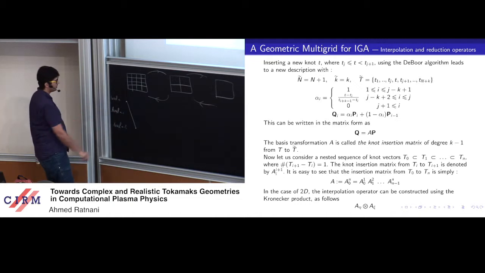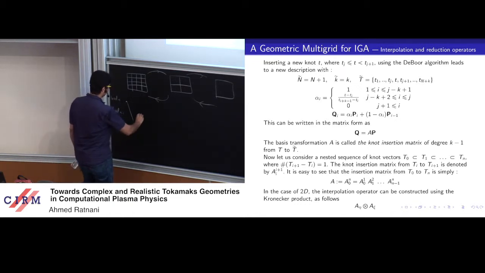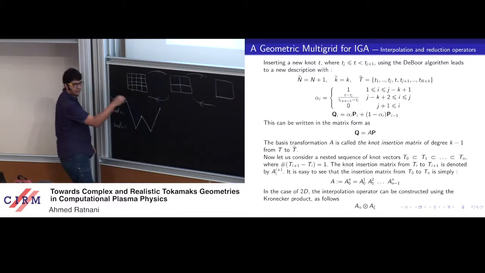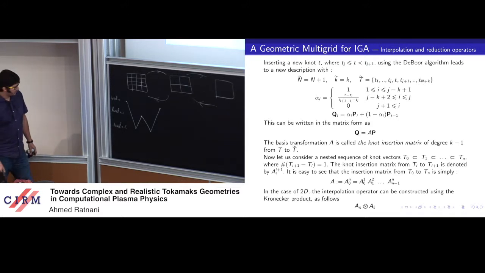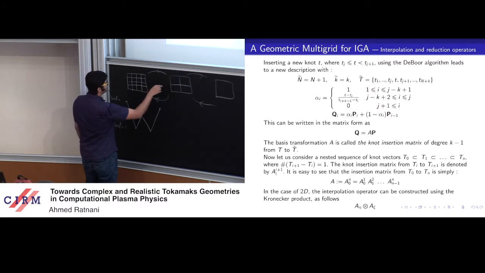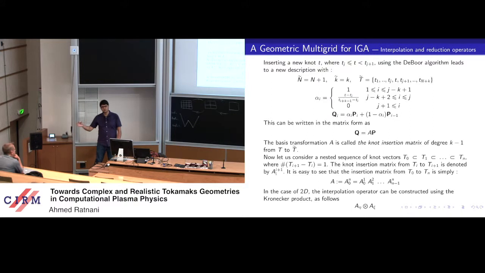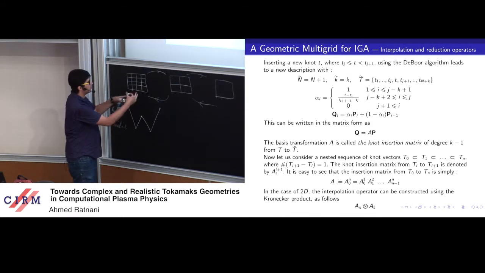Okay, so you go from level n to level n-2, and then you can go, for example, to level n-1, and again, something like this, and do the path that you want. And all these things are done thanks to these operators that we call the reduction and the interpolation. This is how you transport a B-spline or your object from a given discrete space to another one.